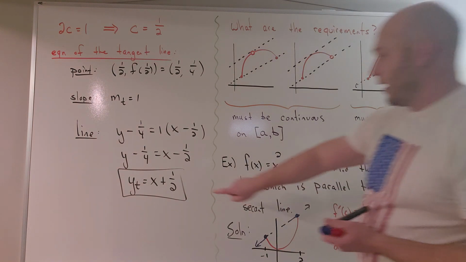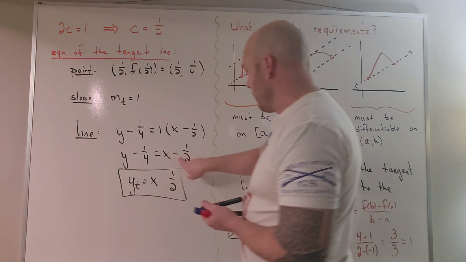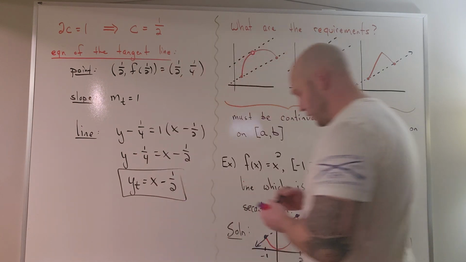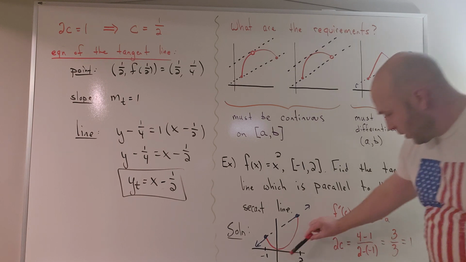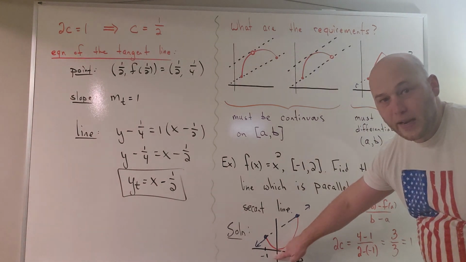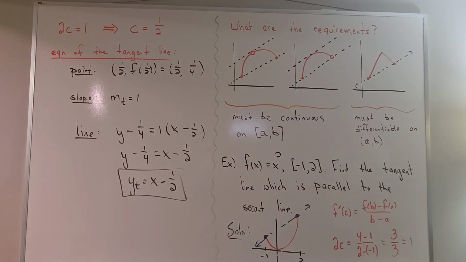Oh, no, minus a half. Minus a half, and then add a quarter, that would be x minus a half. And of course, that should make sense because the tangent line, if it's here, the y-intercept would be negative. Okay, so there's the equation of a tangent line for that parabola.